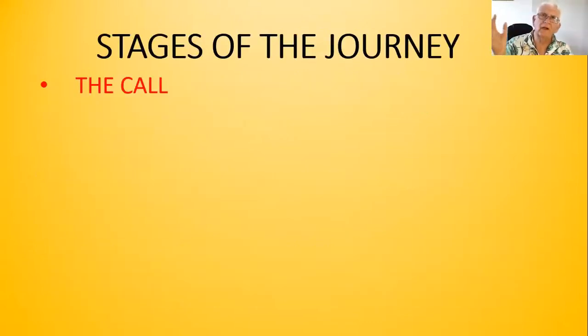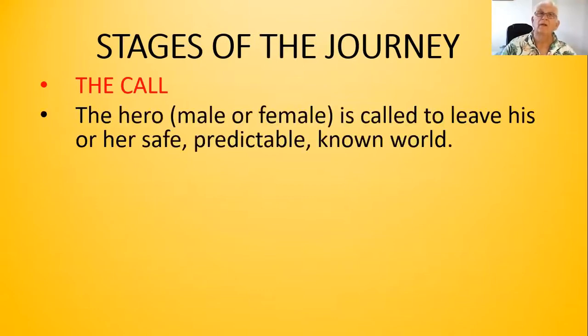The story that he identified has several stages, this journey. And the first stage is the call. That hero, whether it's male or female, is called to leave his or her safe, predictable, known world.